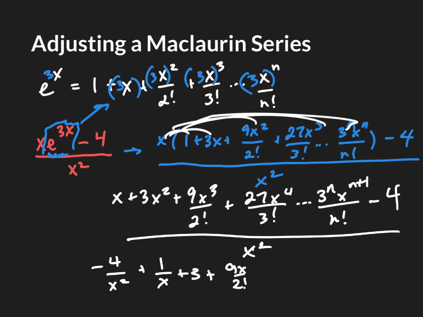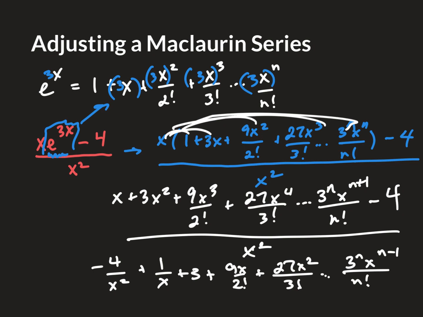We've got that 27x squared over 3 factorial. So you'd say, all right, 3 to the n, x to the n minus 1 over n factorial, because we've dropped the power by 2. Something like that.